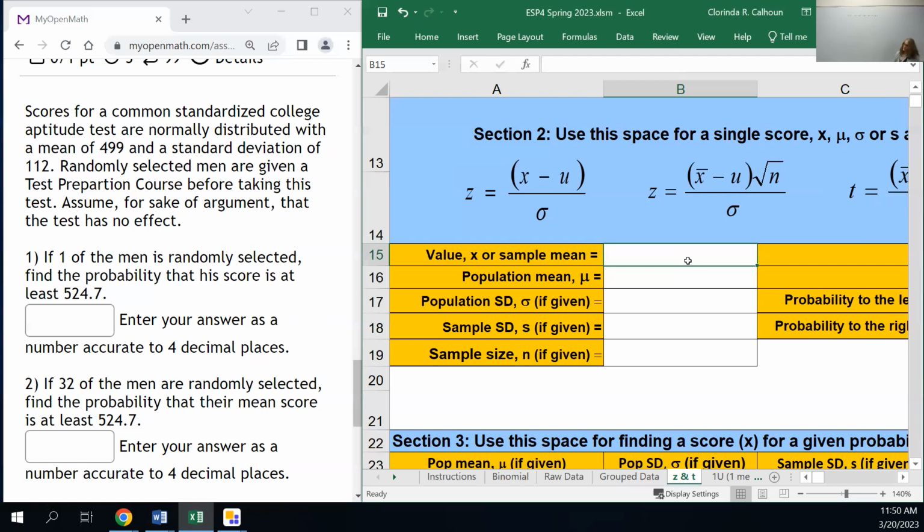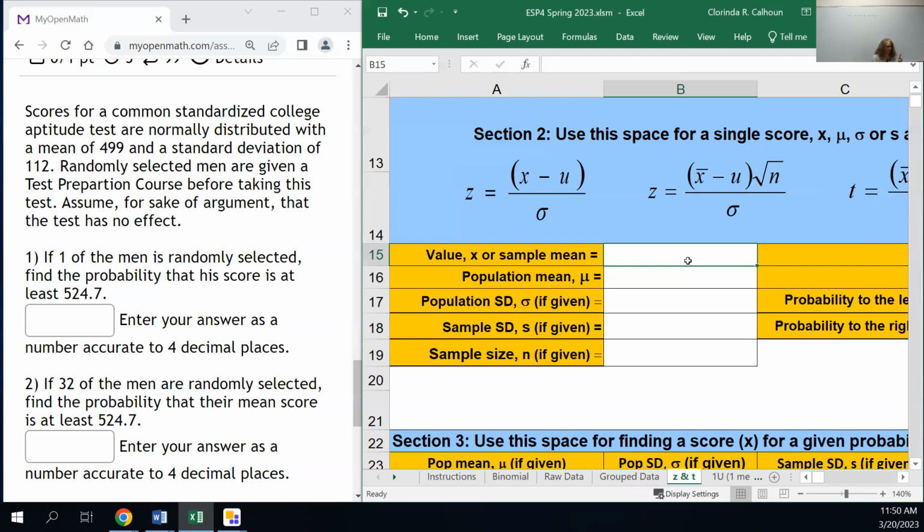The first question says, if only one of the men is randomly selected, can you take an average of one person? No. You can't take an average if you only have one person. That is the actual score.